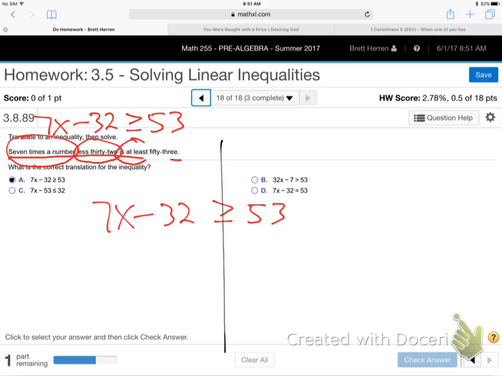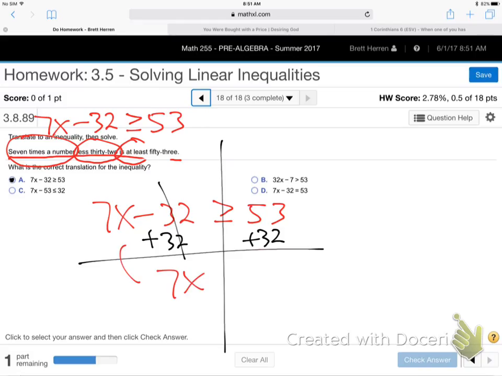So what do we do first to get X alone? Going to add 32. Always do the opposite. Those will cancel out. And we'll get 7x, bring down the 7x. What's that? 85. Good to there so far?